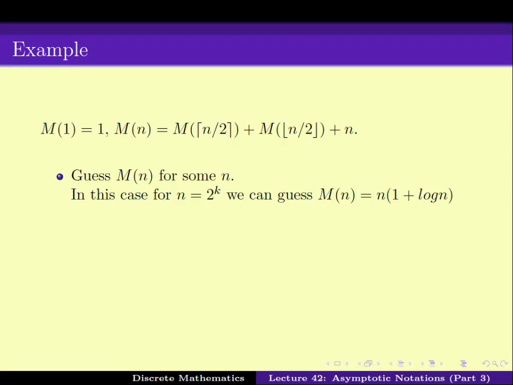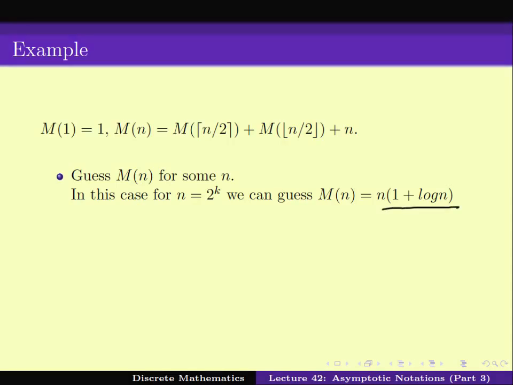Now this is good, but note that this 1 plus doesn't make much difference because, as I told you, these are polynomials, so only the big term matters. So this is basically nothing but n log n. You can check, of course, that this value mn equals n times 1 plus log n is not the exact solution to mn for all n.